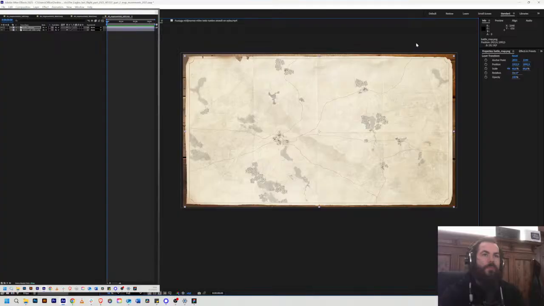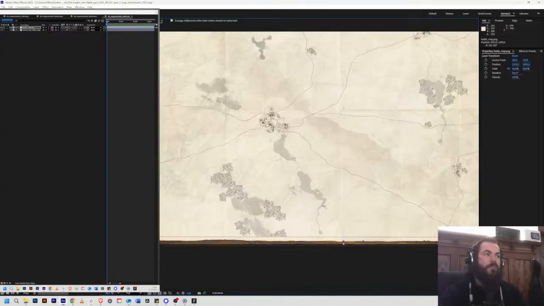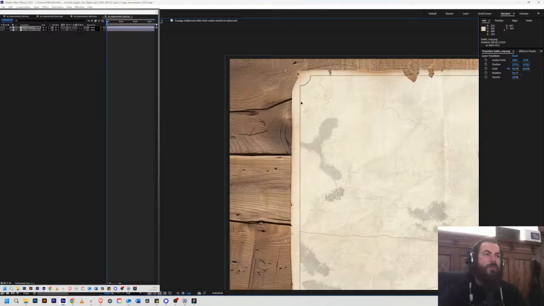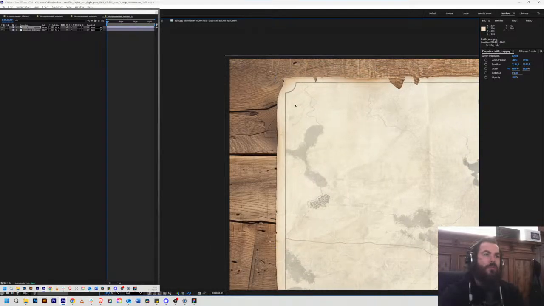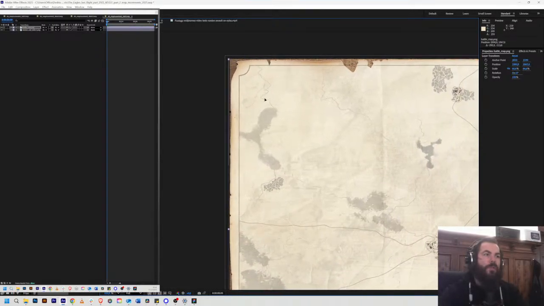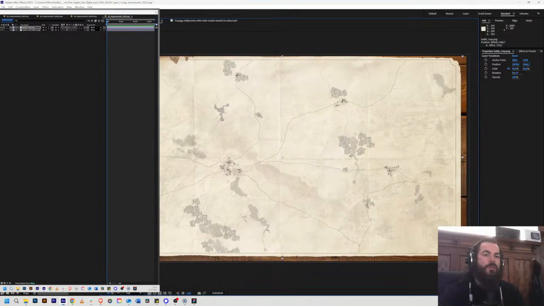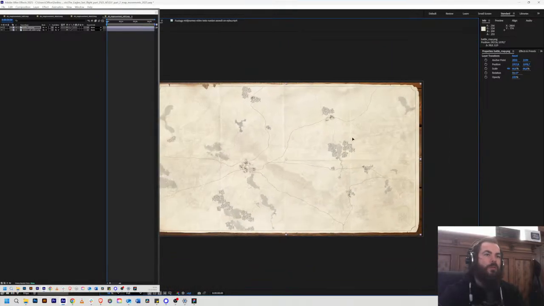It doesn't have to be placed perfectly to fit the frame, because we have an alpha channel on this picture, as you can see. So we are pretty free to place it where we want to place it.